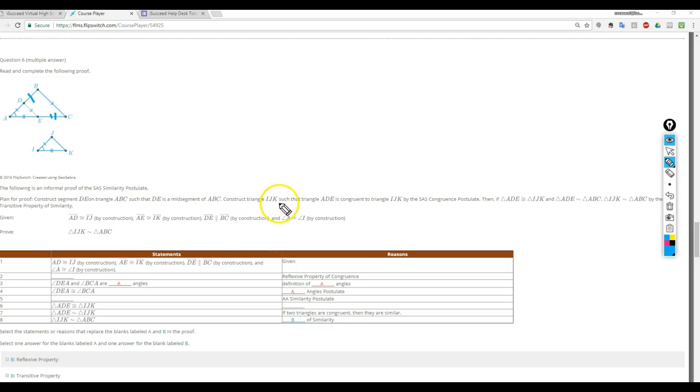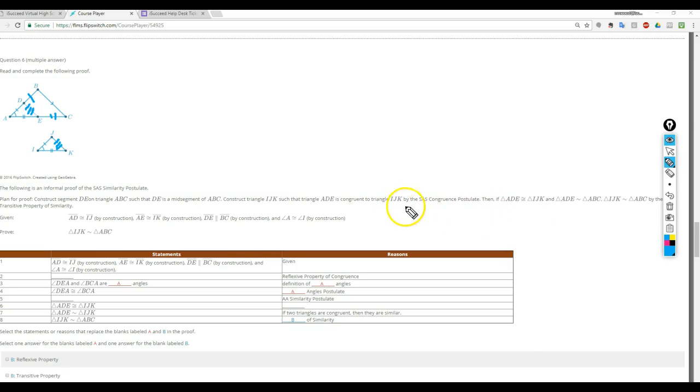And also construct a triangle IJK such that triangle ADE is congruent to triangle IJK. So that means AD was the same as JI, and the length of AE is the same length as IK, and the length from DE is the same length as JK.